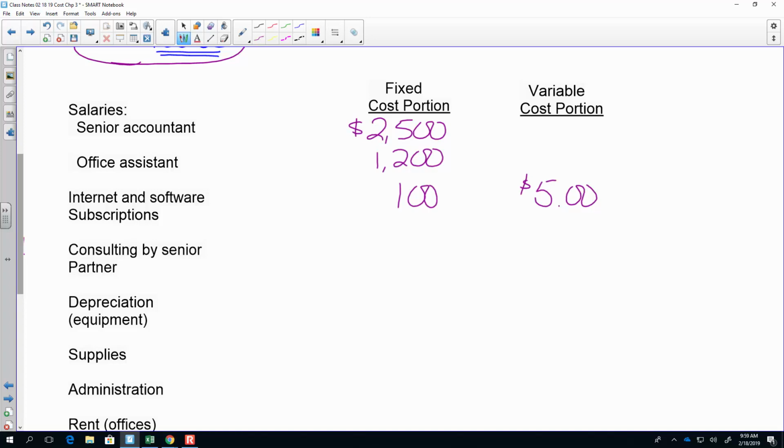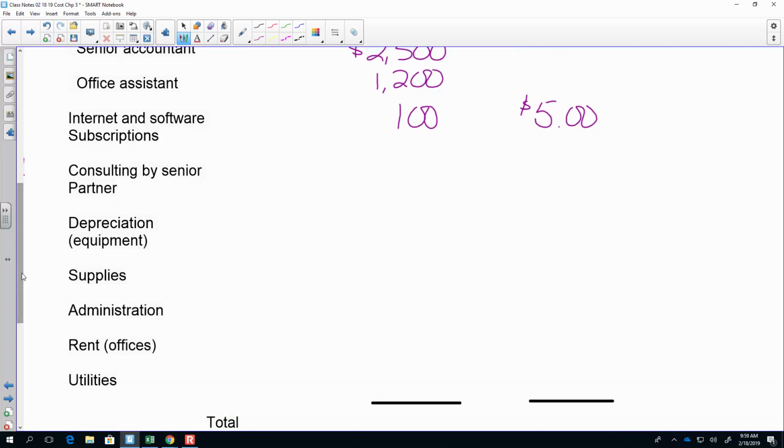On the consulting, what did we find out? It was all variable, right? At how much? And there was no fixed, right?